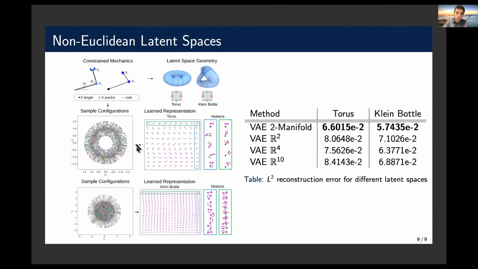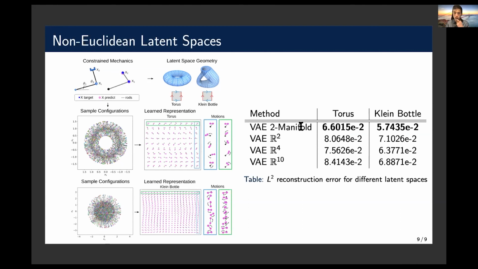When we apply this method, we can see that the manifold actually performs better reconstruction than just two dimensions, because the two dimensions has to deal with the boundary conditions.